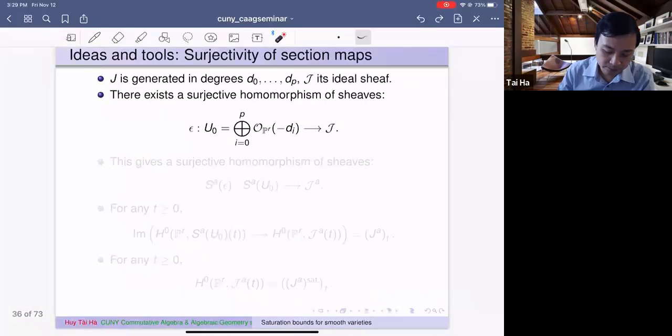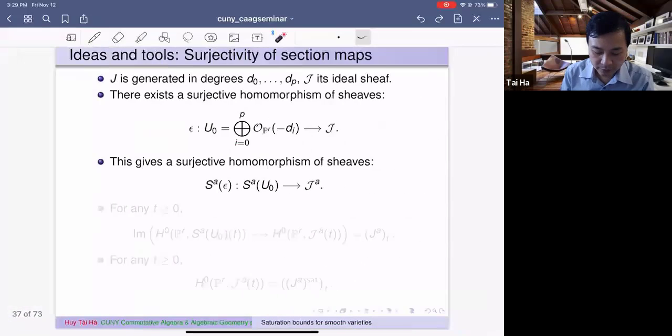Okay, so let me briefly go through the ideals and tools that we use. First, we start with an ideal generated by a bunch of polynomials of given degrees d0 up to dp. This is the ideal sheaf. Once you know the generating degrees of the ideal, you have a surjective morphism of sheaves of this form.